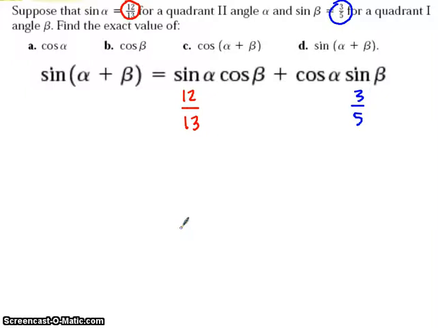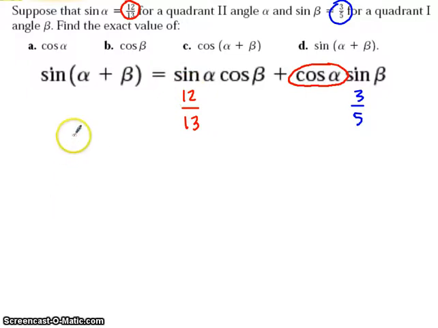So let's go ahead and figure out what the cosine of alpha is equal to. Let's figure out this scenario right here. Actually, I should use red since we dealt with the other alpha in red.